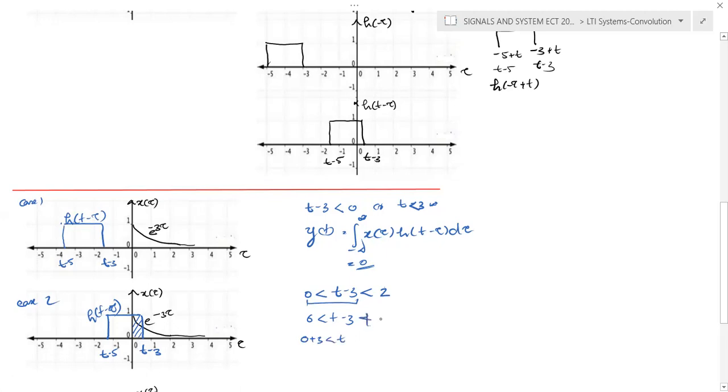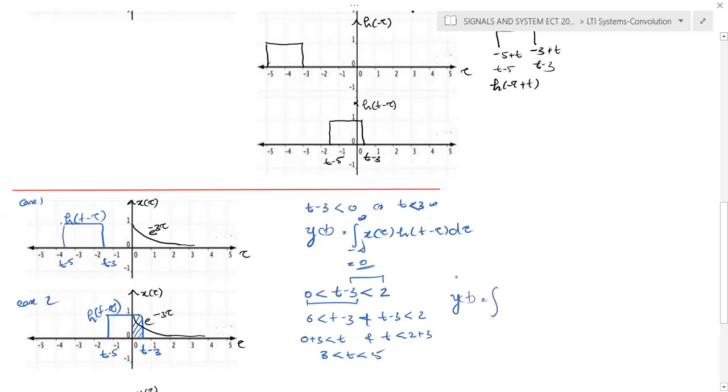And another case, t minus 3 less than 2. So if you consider these two limits, you can write t less than 2 plus 3, so it is 5. So you can write 3 less than t less than 5. When t is ranging from 3 to 5, or t minus 3 is between 0 and 2, you can write your y of t equation like this.